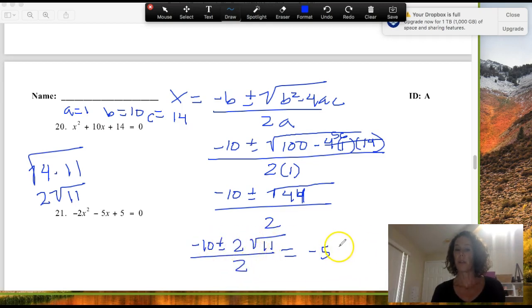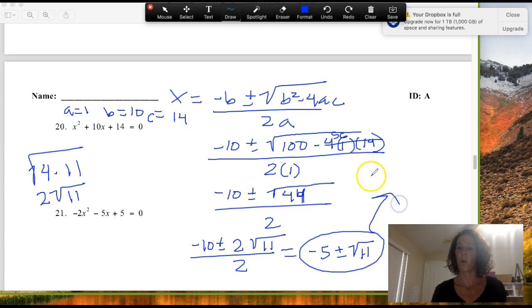So this is going to be plus or minus, I'm going to divide this out, and it leaves me with 1, which I don't need to write. I'll just write square root of 11. So I have two values here, -5 plus square root of 11 and -5 minus square root of 11. You can write it like this, -5 plus or minus the square root of 11, or you could write it as -5 plus square root of 11, and then comma -5 minus the square root of 11.